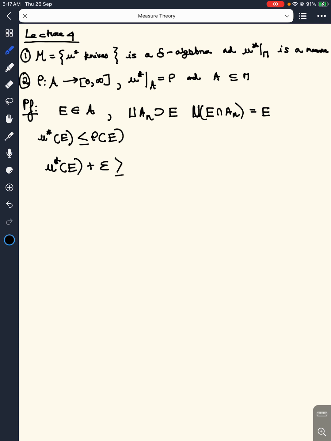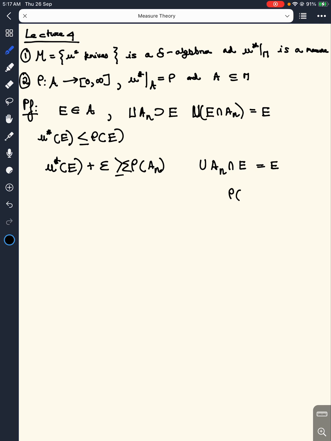Then there is a collection of A_n's such that the A_n's cover E, and the summation of rho of A_n is less than mu star of E plus epsilon. If the A_n's cover E, then A_n intersection E also cover E. Then the union of A_n intersection E is equal to E. And you can check easily for an algebra this is true.